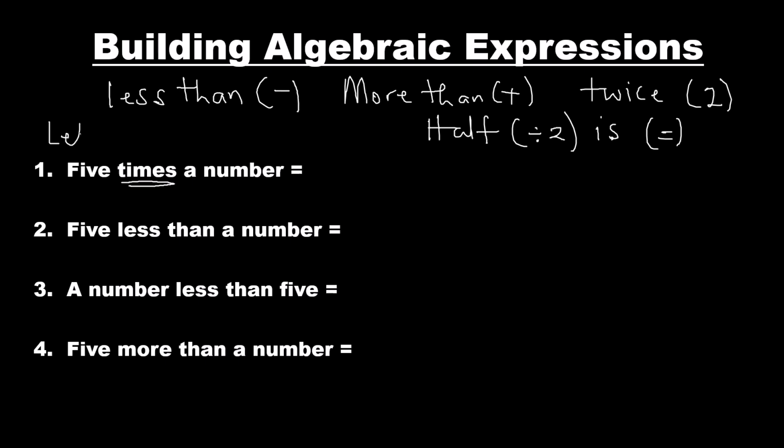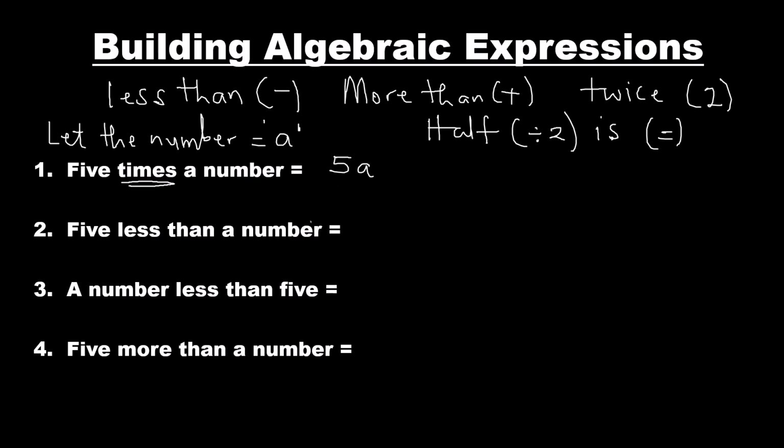I can say let the unknown number be equal to A. In this example, I'm going to use A as the unknown number throughout. So 5 times a number will be 5 times A. That's how to write it.